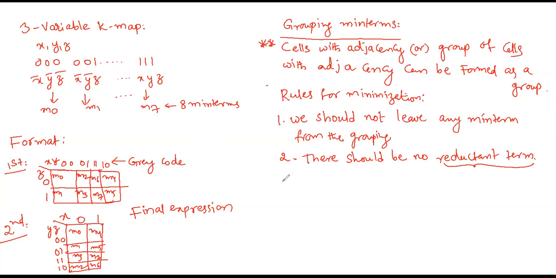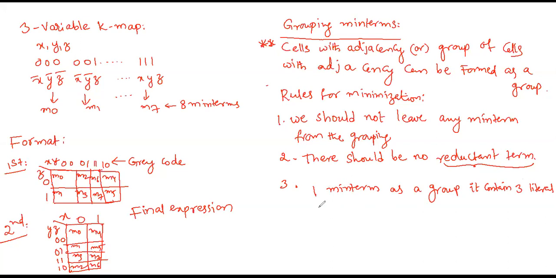Next, third: one minterm as a group. In the three variable K-map, if you form one minterm as a group, it contains three literals.